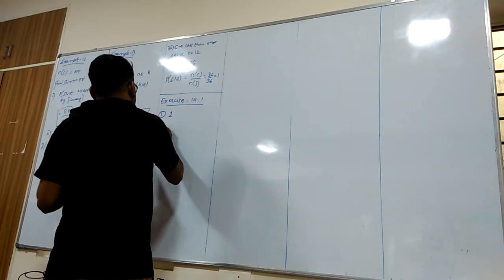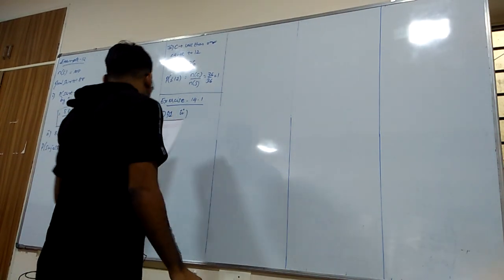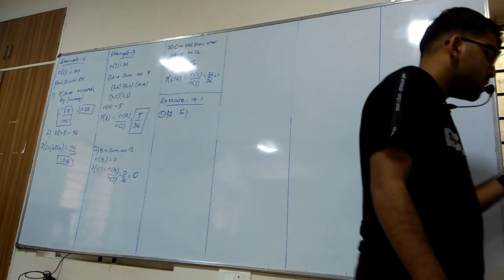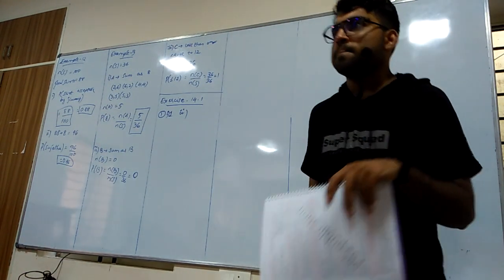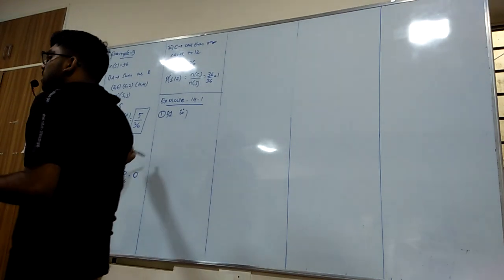Second question. The probability of an event that cannot happen is zero. Not happening an event, that is 0.